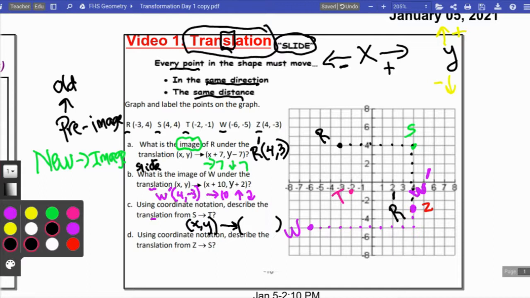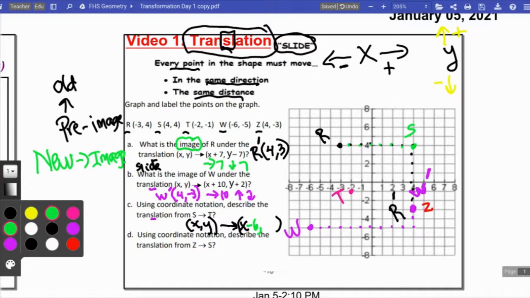All right, so I'm going to use green. So S is right here. We're trying to get to T. It looks like to get to T, it went to the left, right? 1, 2, 3, 4, 5, 6. Left 6. So when you write it, it will be X minus 6 to show left 6.